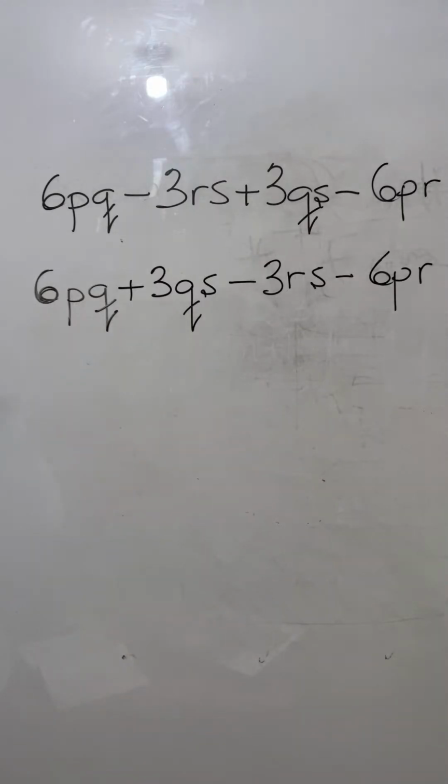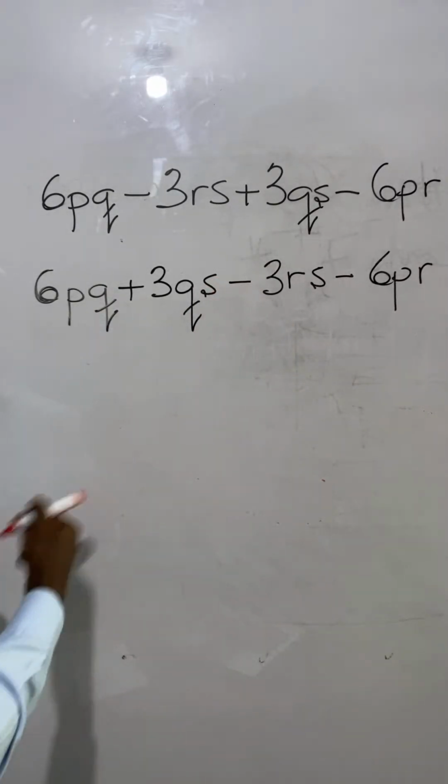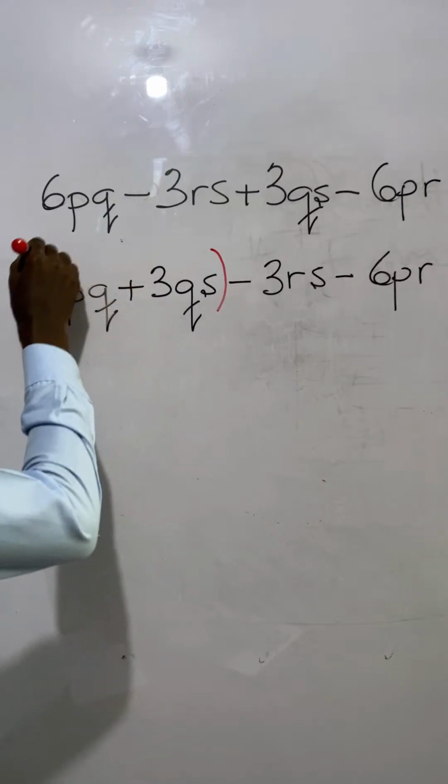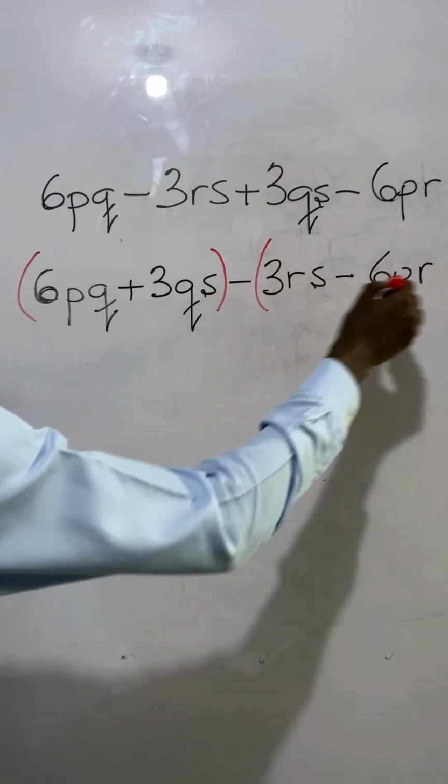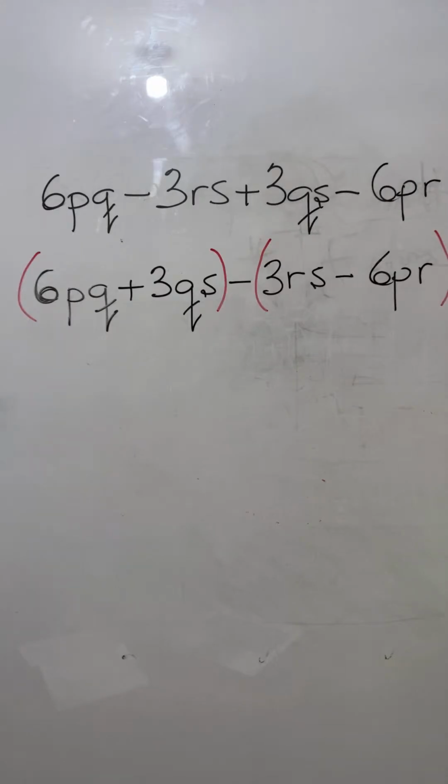Now the next thing we got to do is to factorize them. Let me put a bracket around the pairs. We have this as one set and this as another set. We are going to factorize each of the brackets. Between the 6PQ plus 3QS, what is common?